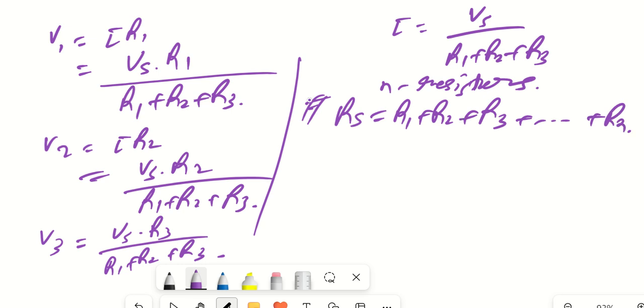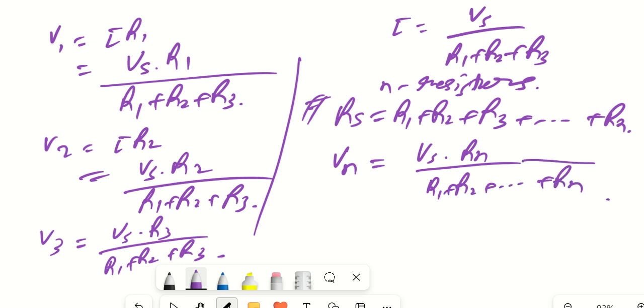And if we want to find the voltage across the nth resistor, we can write Vs into Rn divided by R1 plus R2 plus all the resistors up to nth. So whichever resistance is the highest, the voltage across it will be the highest.